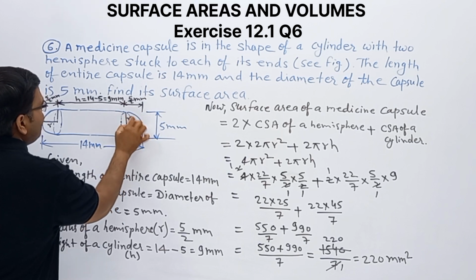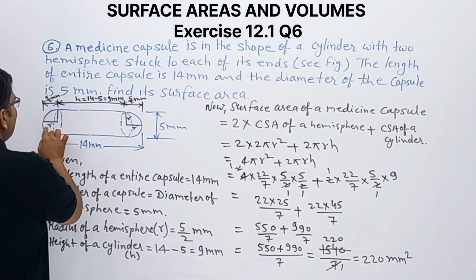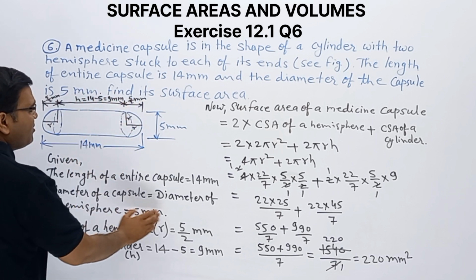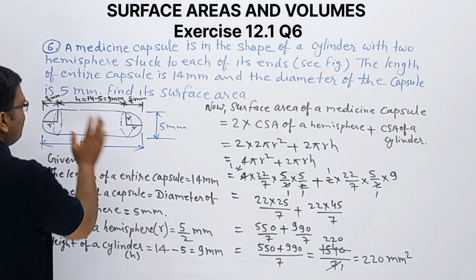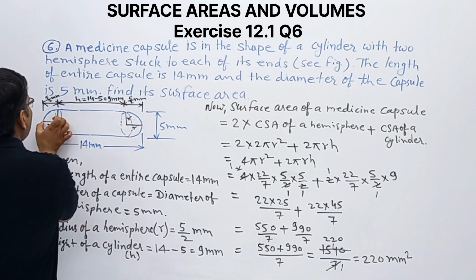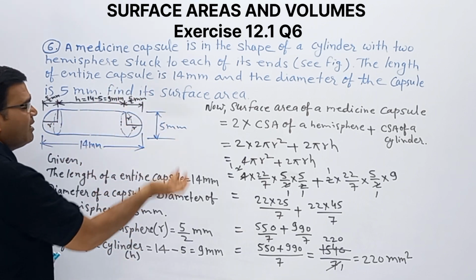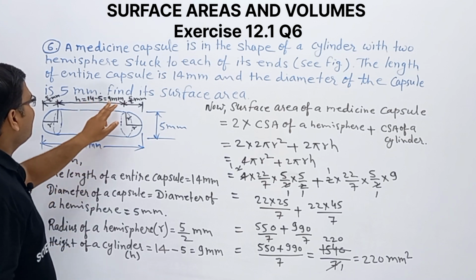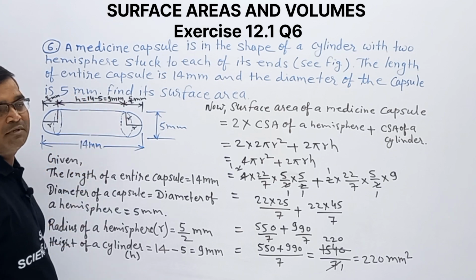Radius of a hemisphere. This is also radius of a hemisphere. So radius of a hemisphere is 5 by 2 mm. 5 mm is the diameter, so 5 by 2 mm will be the radius. So we are adding this part and this part. 5 by 2 plus 5 by 2 will be again 5 mm. So we are subtracting 5 from the 14, then we are getting 9 mm will be the height of a cylinder.